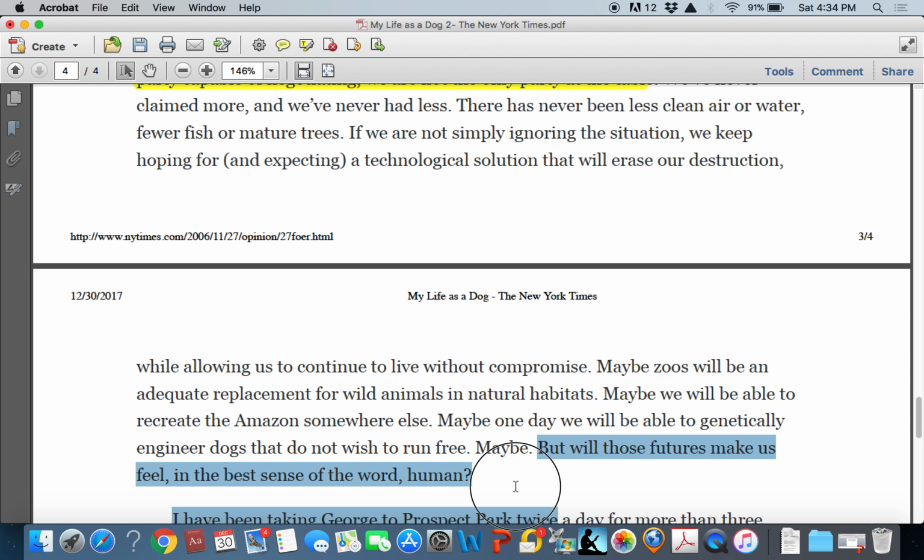So again, another important thought to highlight.